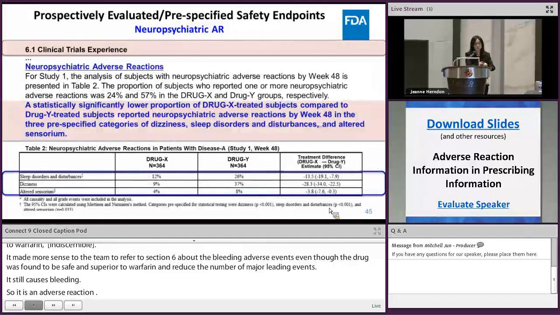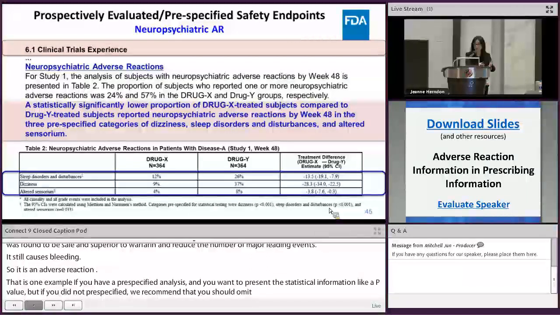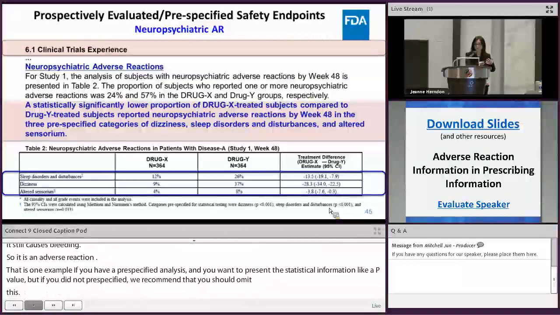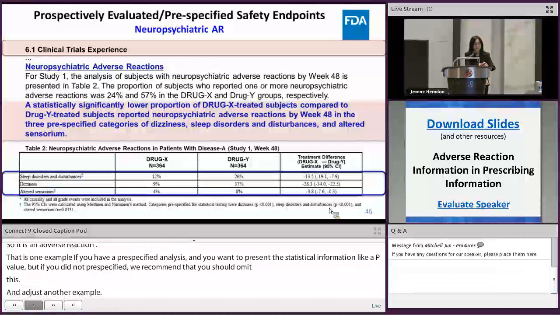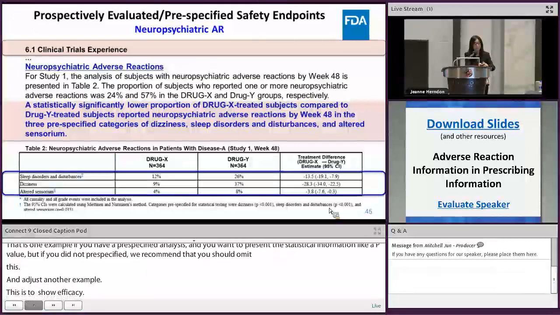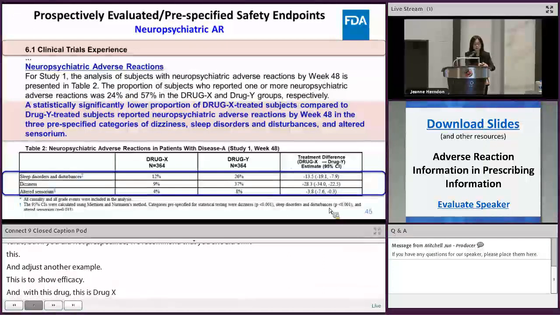So here's another example, again, pre-specified safety endpoints embedded within a larger trial that was designed to demonstrate efficacy and win an approval for efficacy of the drug. In this particular drug, drug X compared to drug Y, it's actually a combination, but we're going to call it drug Y, it was shown to have statistically significant lower neuropsychiatric adverse events, reactions, compared to drug Y, or the combination.